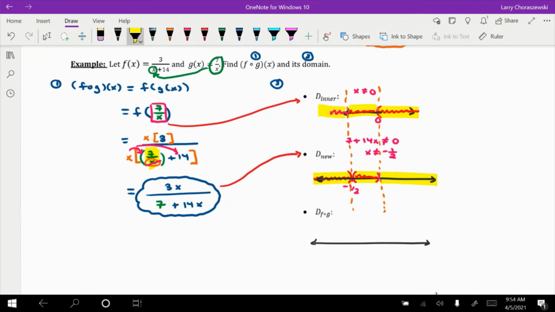So basically, everything is in common except for those two numbers, -1/2 and 0. Okay, -1/2 is shaded on the first number line, but it's not shaded on the second number line. 0 is shaded on the second number line, but it's not shaded on the first number line.